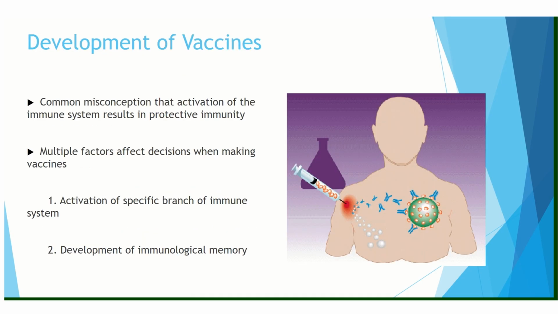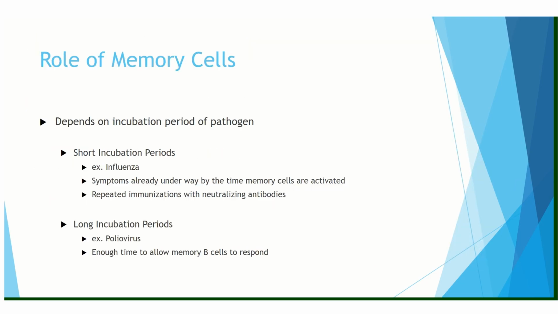So how about the development of vaccines? How do we do that? The first thing is that it comes from a specific branch of the immune system, and it is also developed from immunologic memory. So what is the role of the memory cell?